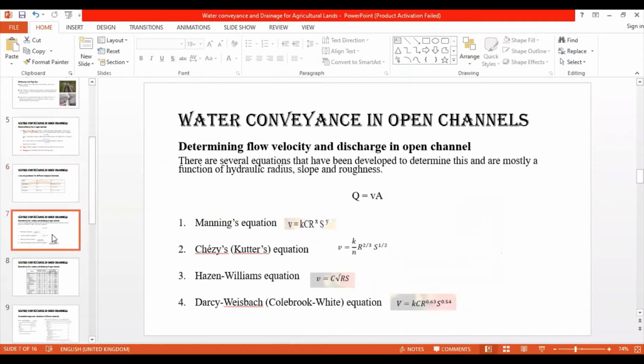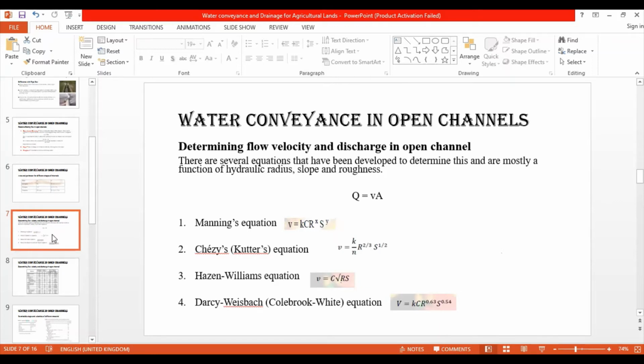So now if we have these open channels, you remember that our goal is to deliver a certain amount of water to our field, which is basically the discharge. So in designing these channels, we need to calculate the velocity, the speed at which water should travel in that channel for us to achieve a certain discharge.